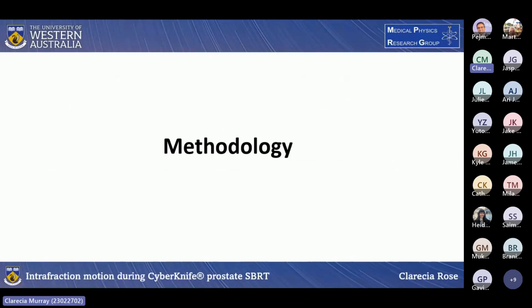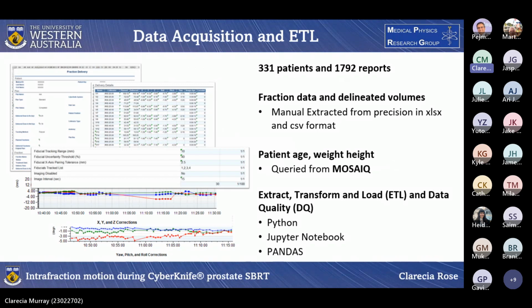So the methods used to do this: there were 331 patients treated between 2014 and 2021 in the cancer clinic at Charlie's. These patients' tracking data for each fraction, which involved 1,792 files, is stored using the Precision treatment planning software on site.